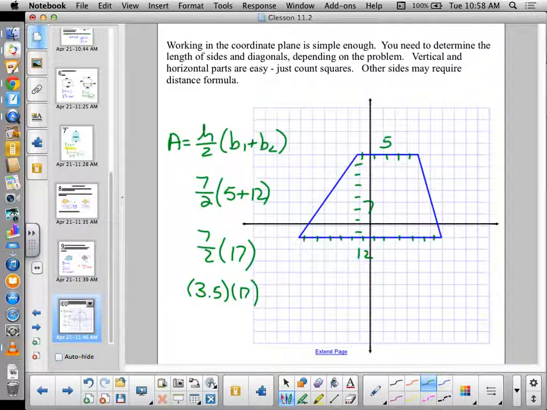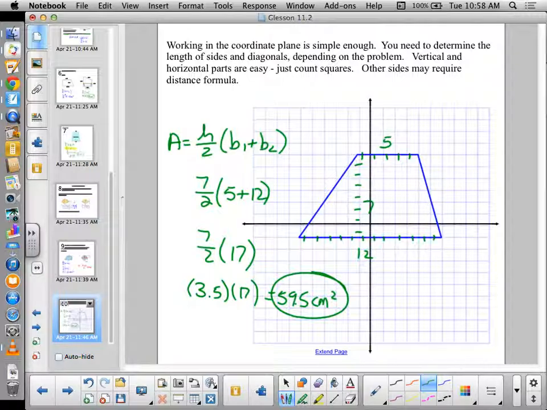And I'm fine with the 0.5. 3.5, oops, not 13.5. 59.5. And seeing as there isn't a unit given, I'm going to give it the unit centimeters as the default. And I found our area.